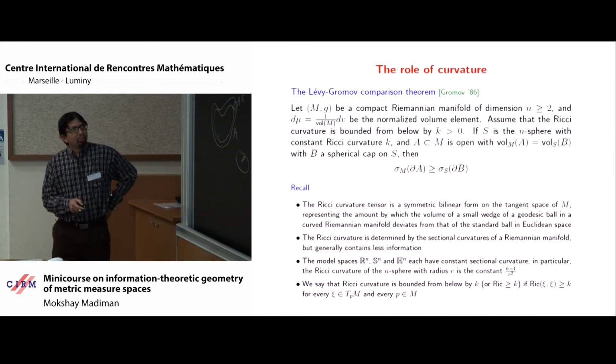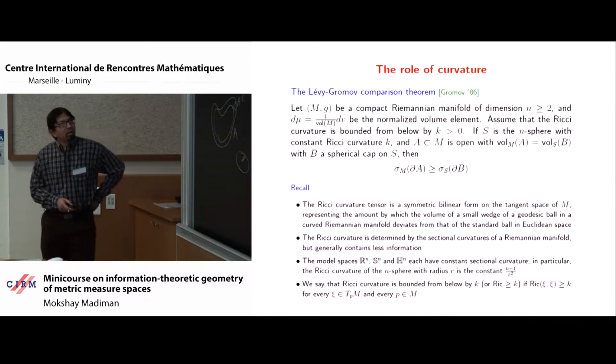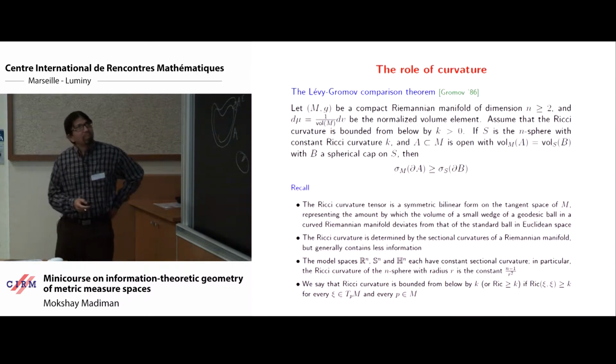So what it means to say that Ricci curvature is bounded from below by k is that the Ricci curvature, considered as a bilinear form applied to any tangent vector, dominates k in the sense of positive definiteness. Okay, so now we can parse the statement.